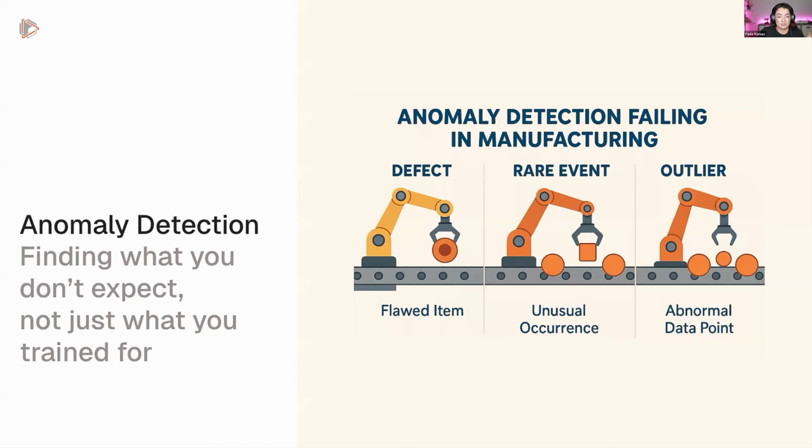What is anomaly detection? I think we know pretty well what anomaly detection is, but maybe we have some beginners in the audience, so let's start with the definition. Anomaly detection is not just about spotting anomalies. It's about identifying what we didn't expect, what we didn't necessarily train for. In manufacturing, that means detecting defects, rare events, or outliers, each with different root causes and implications.